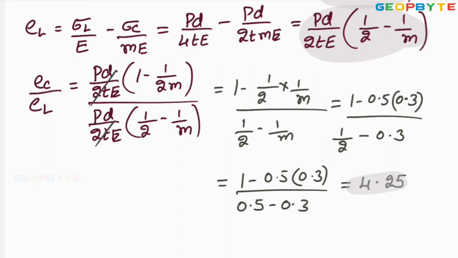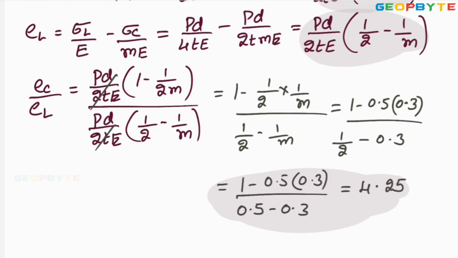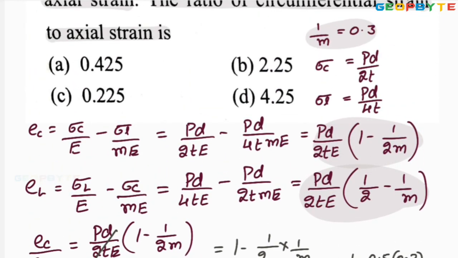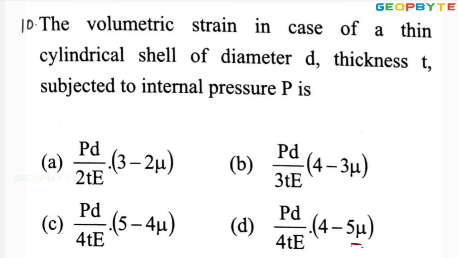That is the answer. I hope you clearly understood. Therefore, option is 4.25. Look at the option D. Option D is 4.25. Let us go for the next problem. Look at the 10th problem.